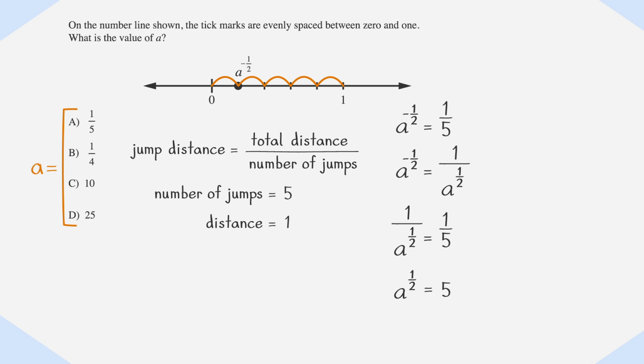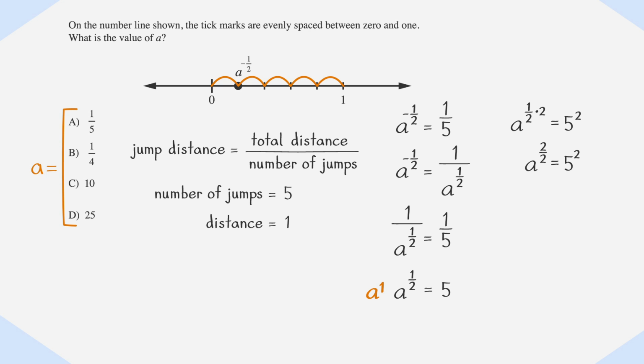We still have an exponent, so let's figure that out. We have a to the 1/2, but we want a by itself, which means we want a to the 1. That means we need to raise both sides of the equation to the power of 2 to get a to the 1/2, to the 2, equals 5 to the 2.